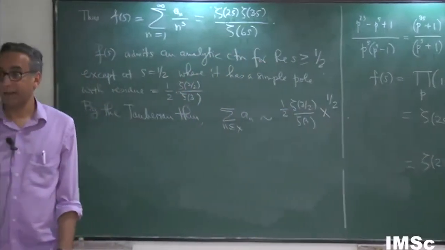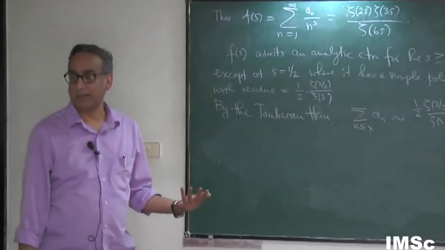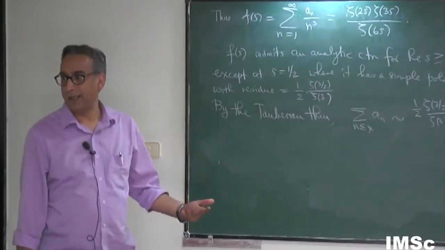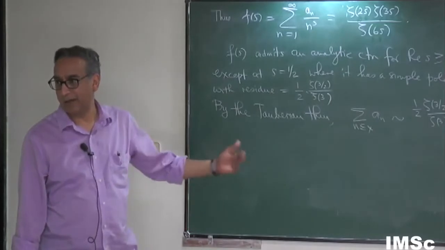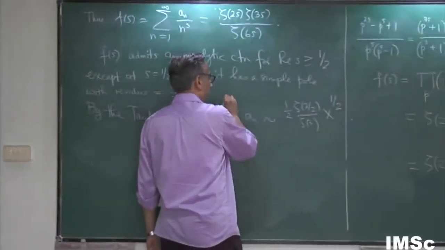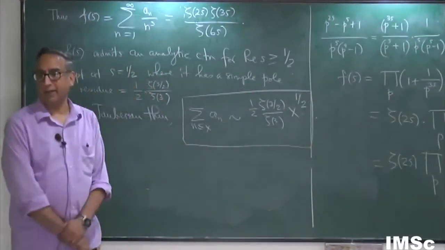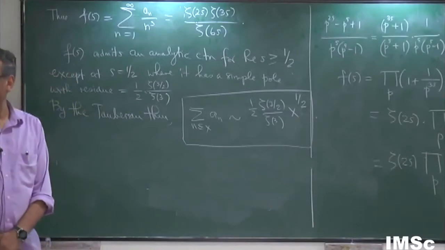Shift the thing, right? Before it was s equals 1, therefore it was x to the power 1. Now it's s equals a half, therefore it's x to the power half, okay? So you get an asymptotic formula for the number of squareful numbers by doing this kind of an analysis. Very useful technique to have.